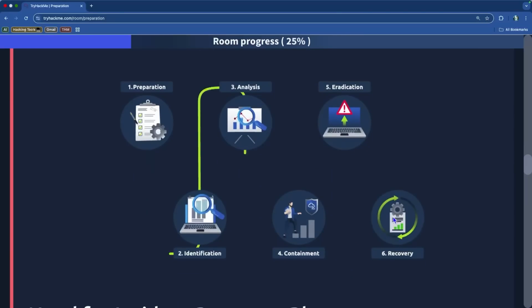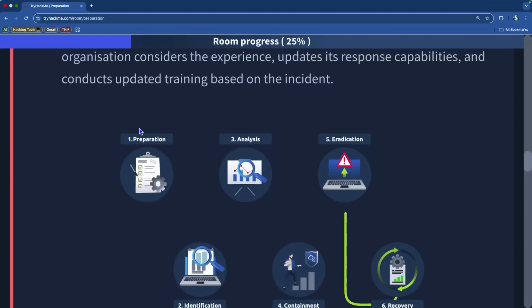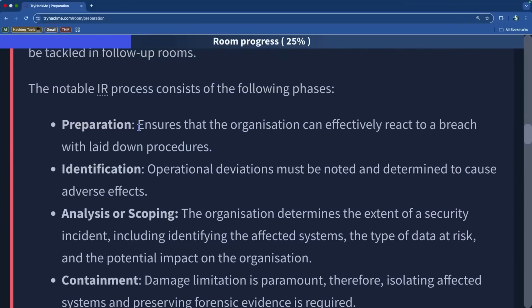Lessons learned is a big part of preparation, because you would add all of your lessons to your preparatory responsibilities or preparatory steps. Preparation ensures that the organization can actually react to a breach with laid down procedures.